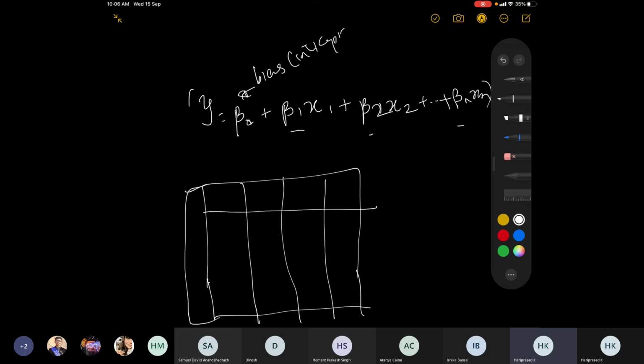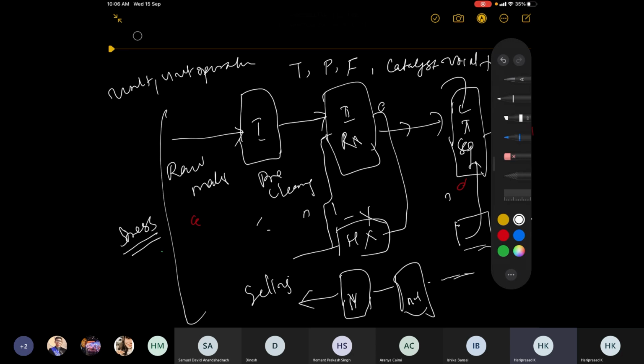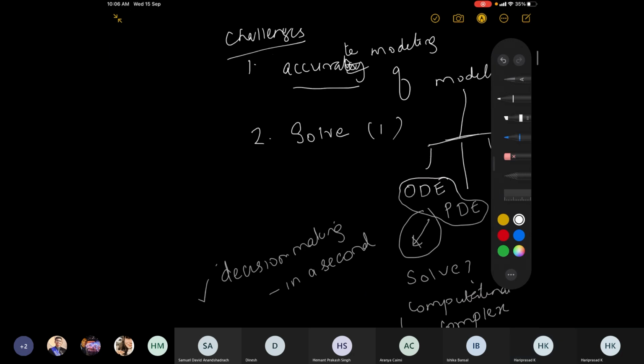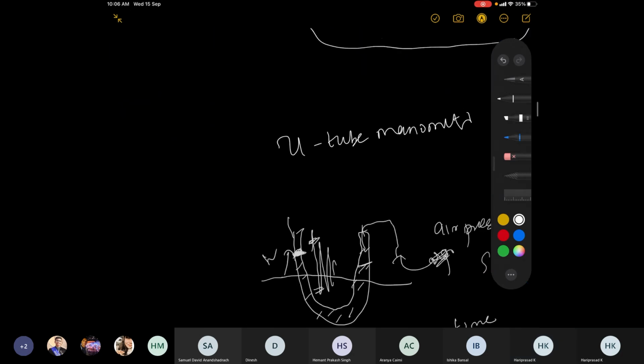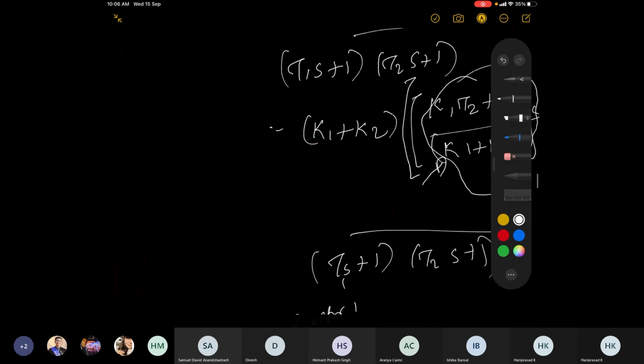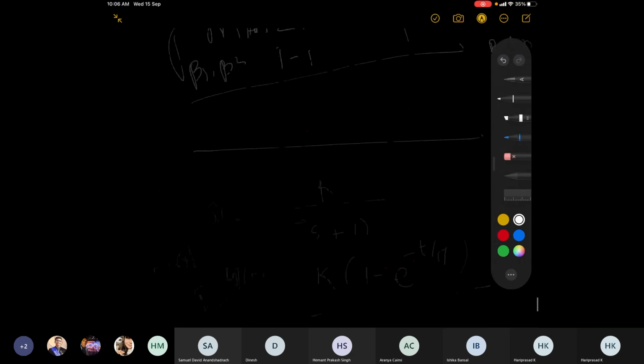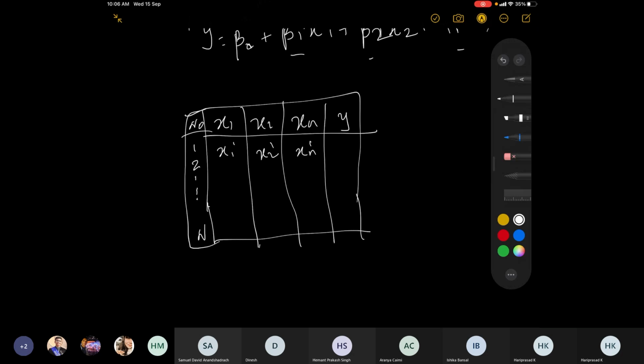Maybe the first column is the sample number, 1, 2, 3, etc. You have your inputs x1, x2, up to xn, and the corresponding y value. So you have x11, x21, xn1 and y1.